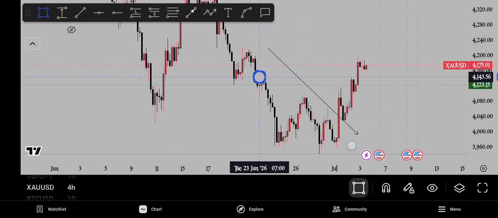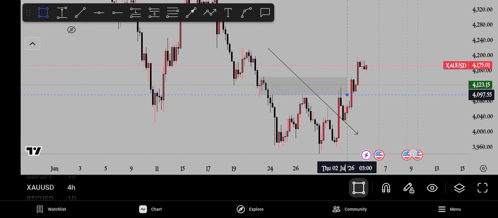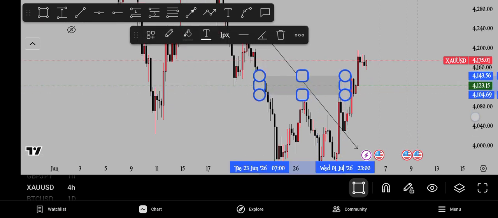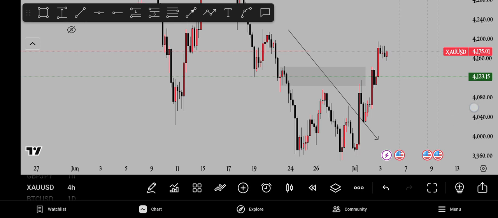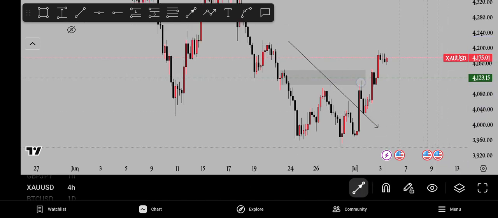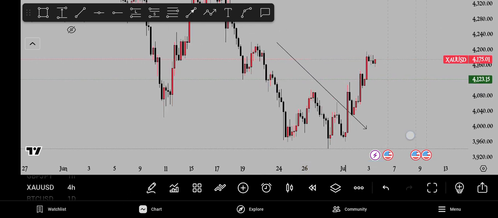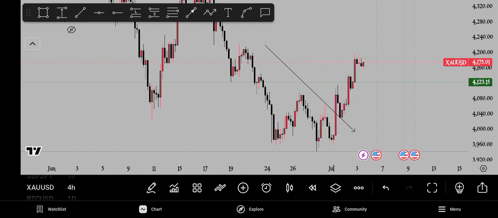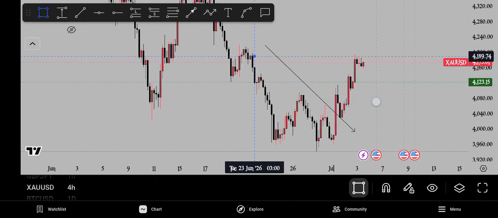This was the first. Price mitigated it, no confirmation, and I still broke through it. So we also had this one.